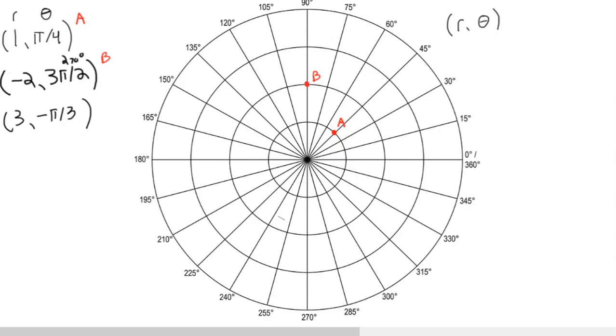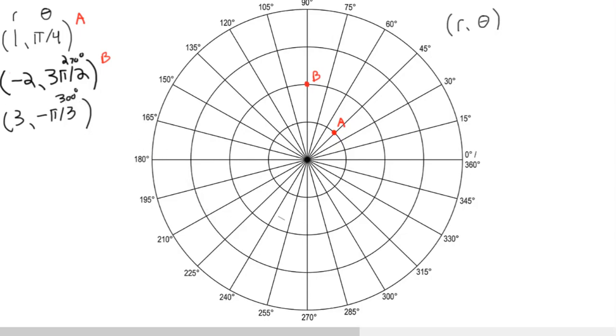So now what we basically want to do is graph this other point, 3, -pi over 3. So again, you have to be really comfortable with your trig here. I recognize that -pi over 3 is the same thing as 300 degrees.